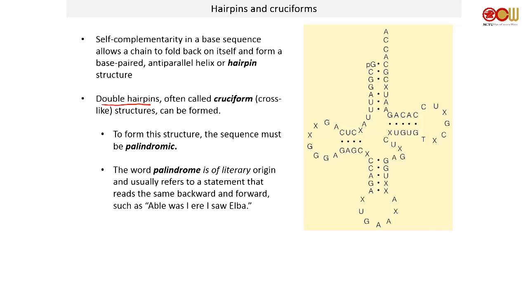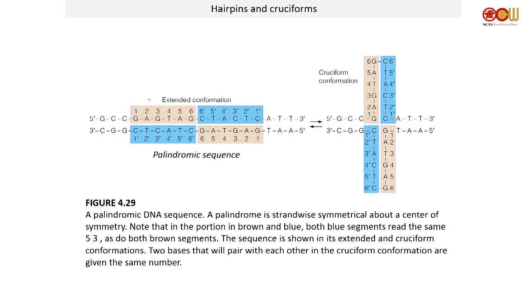Okay, that's what palindrome means. So, for example, if you're going to fold into a cruciform, in this case, you would have something that looks like this, which is a palindromic sequence. Okay, so in this particular example, you see how you got G, A, G, T, A, G, and then you got CTA, CTC. Then on the complementary base strand, it reads this way and it reads that way.